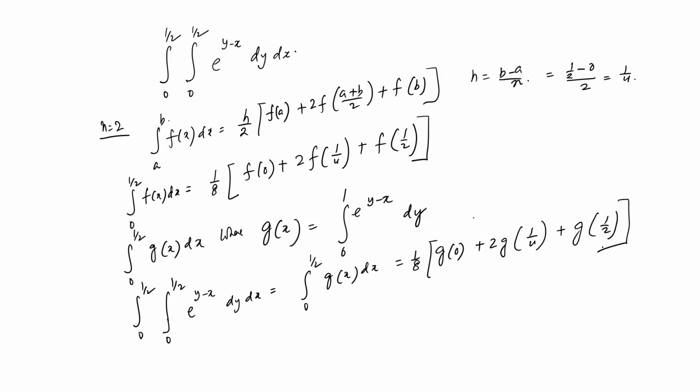So what I mean to say is that if you have multiple integrals and you want to apply the trapezoidal rule or Simpson's rule, whichever rule you want, first do one integral as if you're doing a single integral.